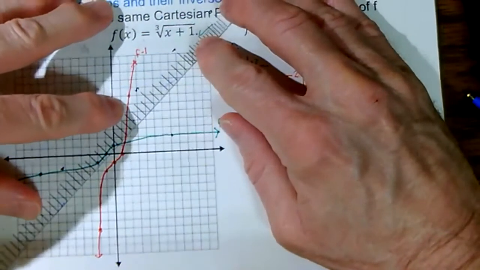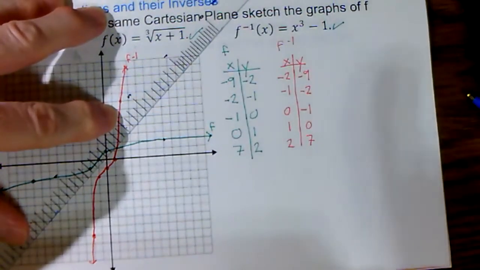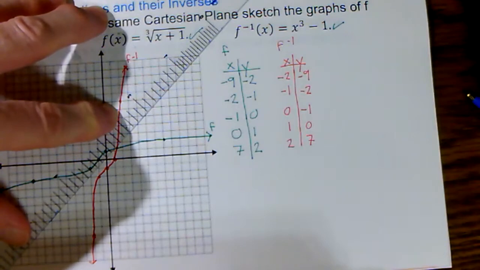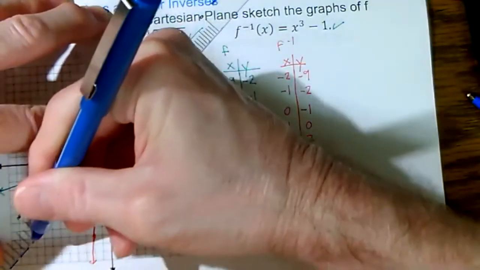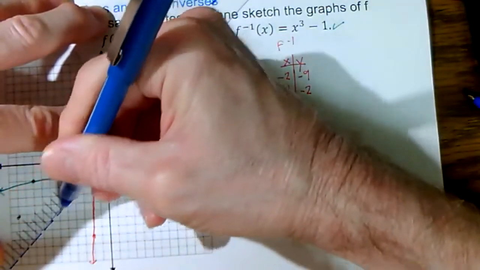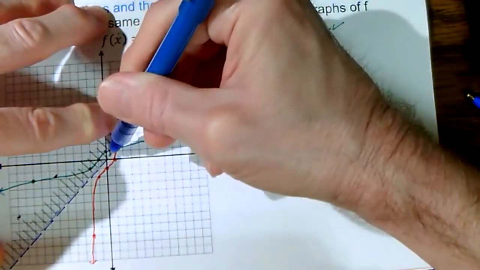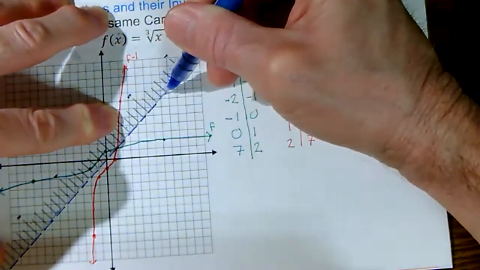I am going to draw a line through the origin at a 45-degree angle. I'm going to draw that in a different color. Just want to draw that line. And then once I have that line, I want you to look at how the graph of the function and its inverse relate to and compare to this line.